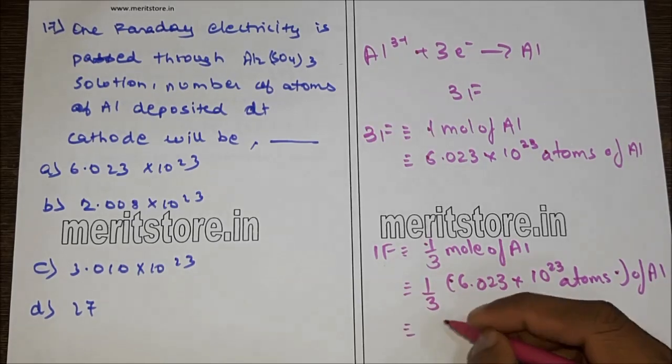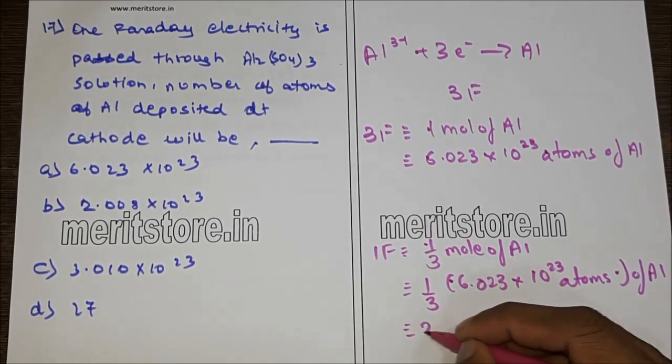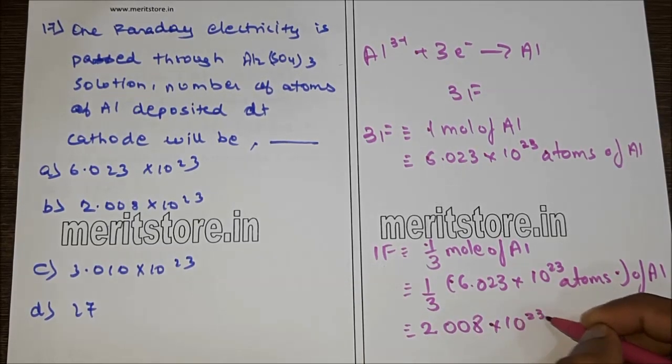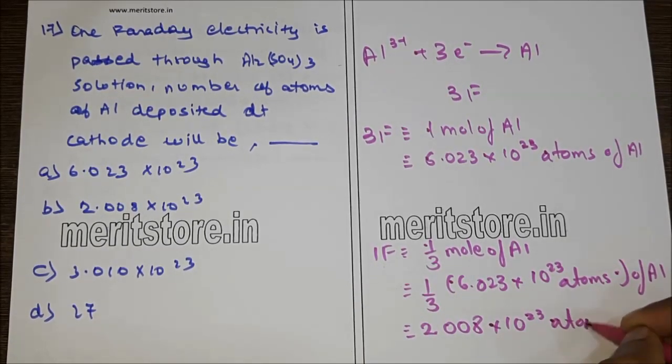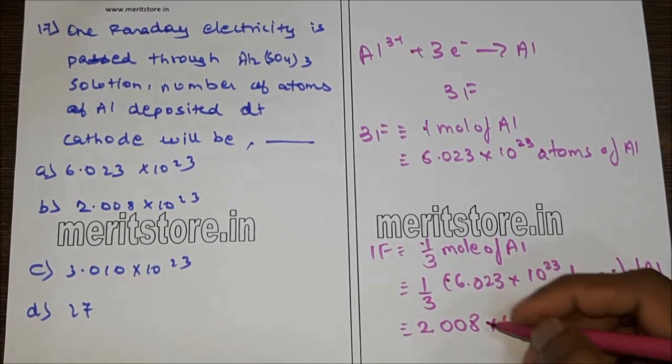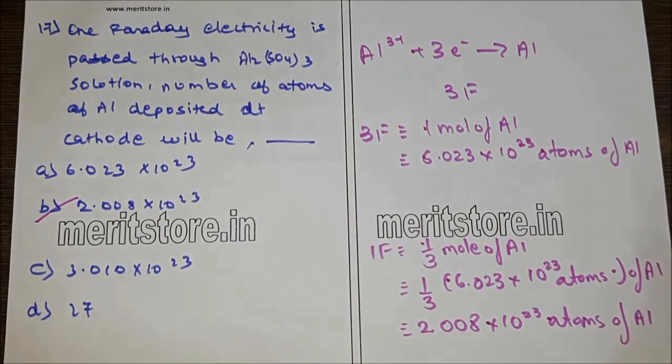When we solve this, we get 2.008 × 10^23 atoms of aluminum, so our answer matches option B. Therefore option B is the correct answer.